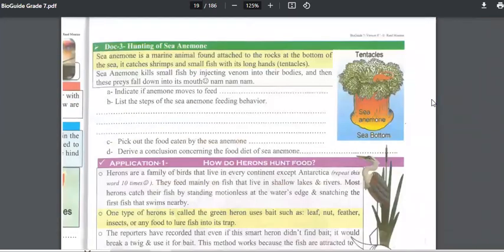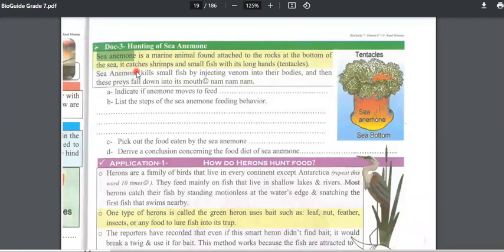document 3. We didn't finish this, but this question talks about another carnivorous animal, which is the sea anemone. Okay, the sea anemone is a marine animal, so it lives in the sea. It is attached to the rocks at the bottom of the sea, so it does not move.